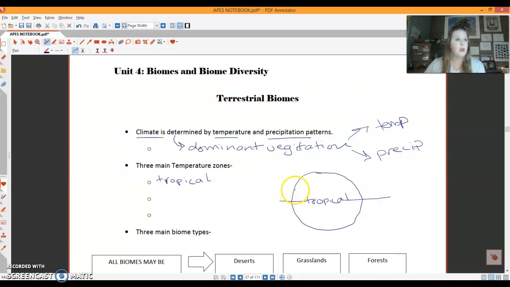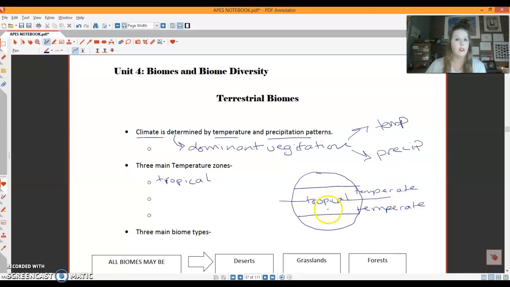So when we go above and below that equator line, we're moving into what we call the temperate. Okay, so it's going to be the same down here. Temperate. So these temperate zones typically are going to see all 4 seasons.